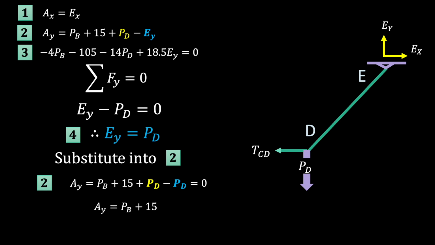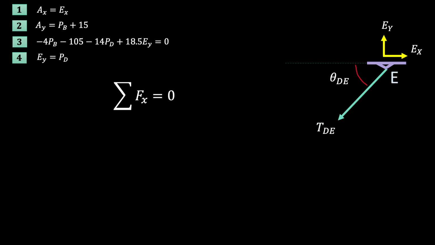And just like that, bam! We can simplify it with those PDs canceling each other. We update our list of equations, then we're ready to start going through our joints, starting at E. Remember, the goal is to get all our forces in terms of EX.